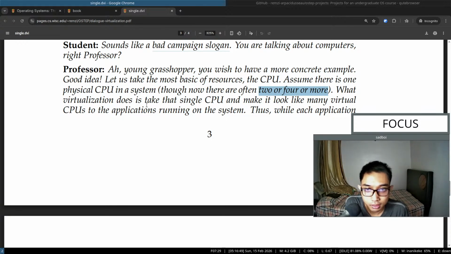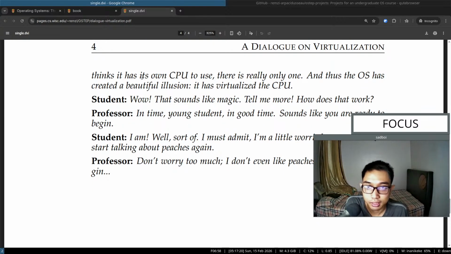What virtualization does is take that single CPU and make it look like many virtual CPUs to the application running on the system. Thus, while each application thinks it has its own CPU to use, there is really only one. And thus, the operating system has created a beautiful illusion. It has virtualized the CPU.